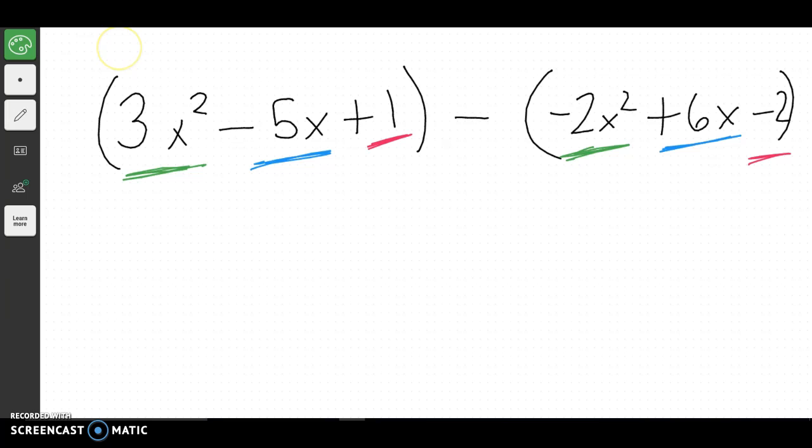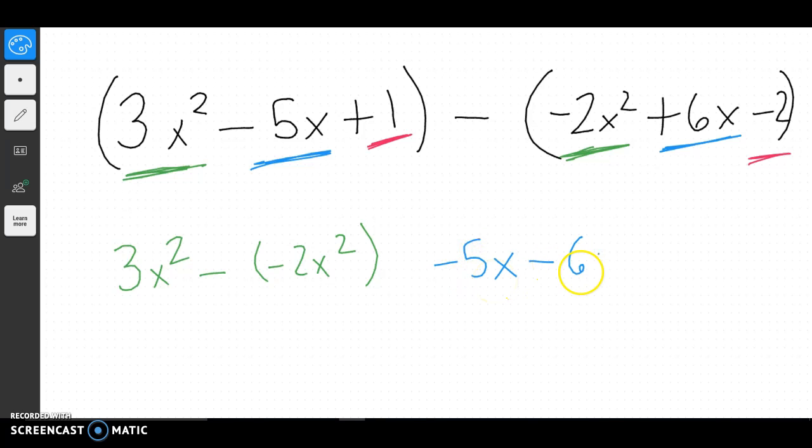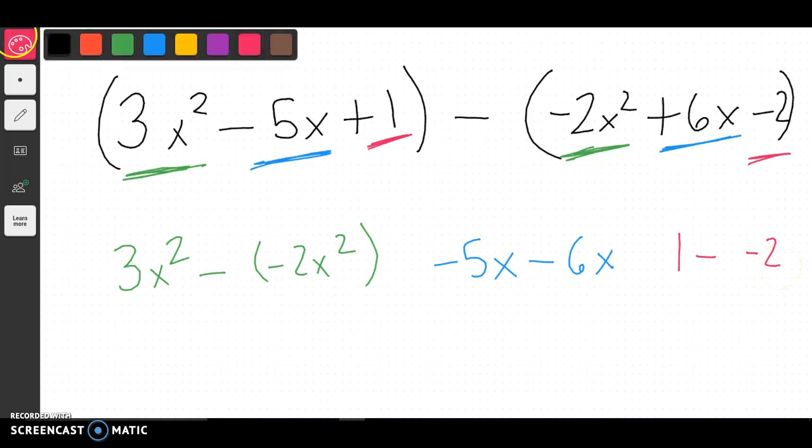And I rewrite everything. So I say 3x squared minus a negative 2x squared. And the reason why I rewrite that is so I can remember that it's subtraction. Then my next one is negative 5x minus 6x. And then I have 1 minus my negative 2. Then I go through and deal with some of these sign issues.